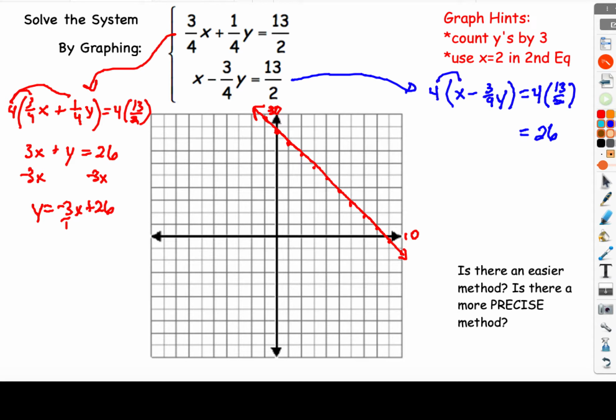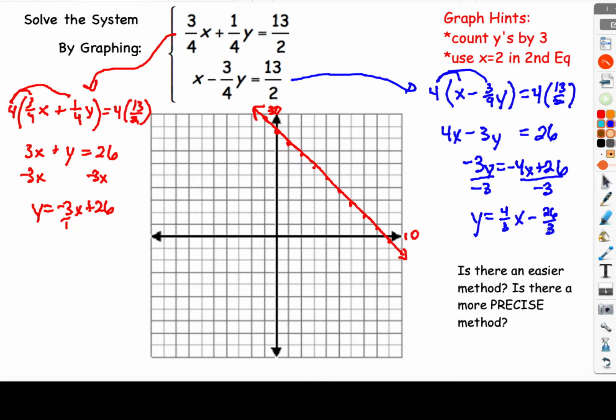By distributing, I've got 4x minus 4 times 3/4, which is minus 3y. Subtract that 4x to the right side, so it's negative 4x on the right. Then I'll divide everything by negative 3. So y equals negative 4 divided by negative 3, a positive 4/3 x, and 26 divided by negative 3, which is not the prettiest of numbers.